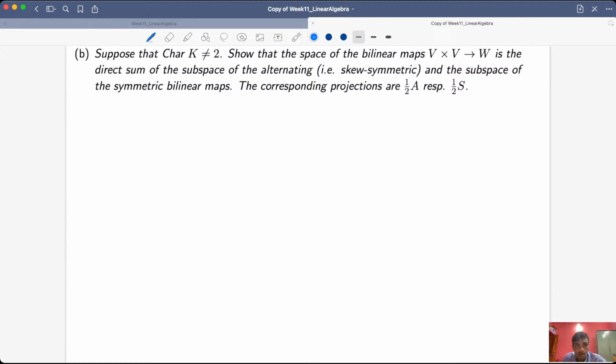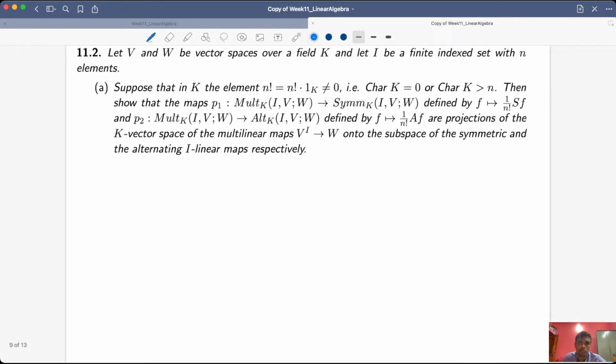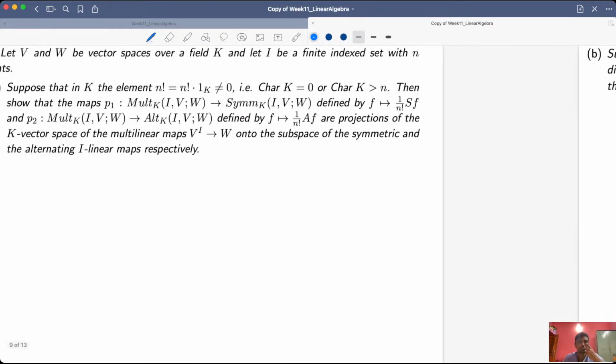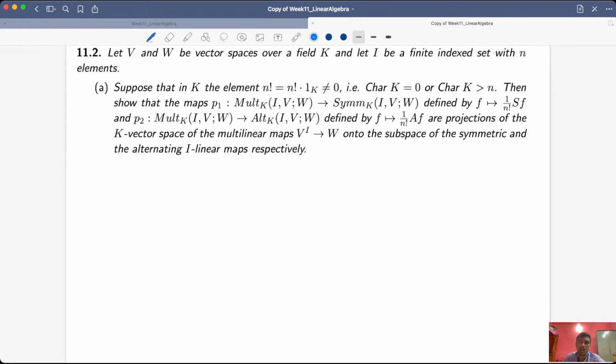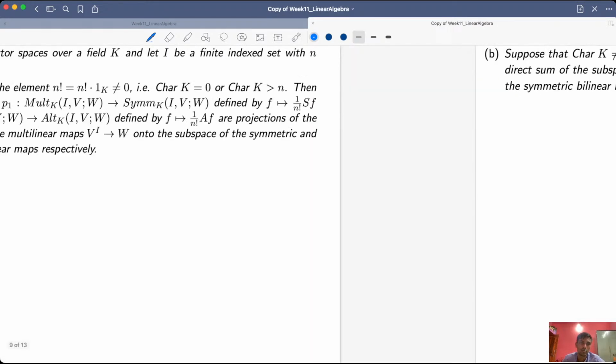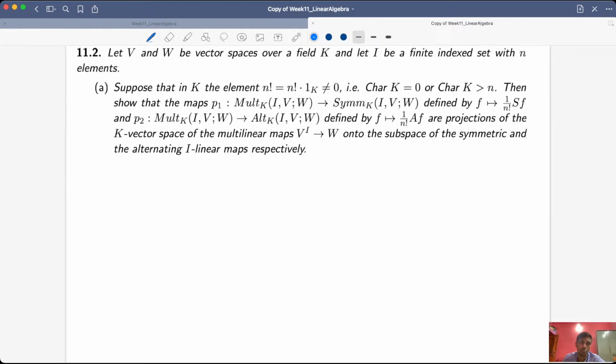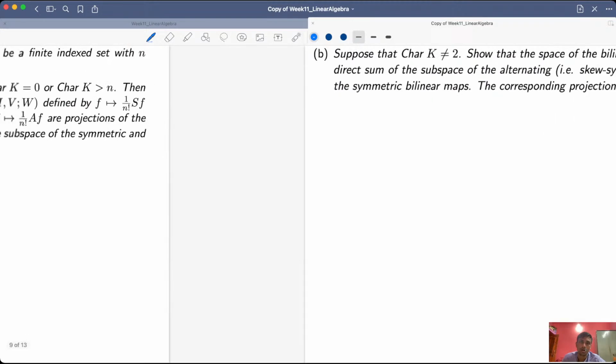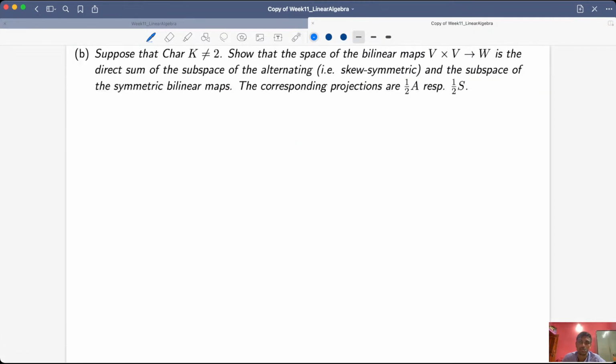Once you have the projection map, you can take n equal to 2, and P1 and P2 are both projections. One can also easily see that the kernel of P1 is the image of P2. Whenever you have a projection, you can decompose your domain as a direct sum of two spaces, the kernel and the image of that map.